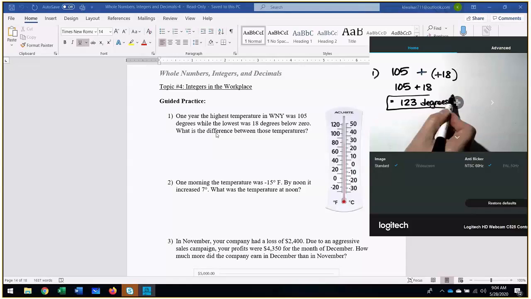Just add them up. It's 123 degrees for the difference. And hopefully that makes sense, because if you're 18 below, you're somewhere around here, it takes 18 degrees just to get to zero, plus an additional 105 to get all the way up here. So the entire length of that would be about 120, 123. Makes sense.